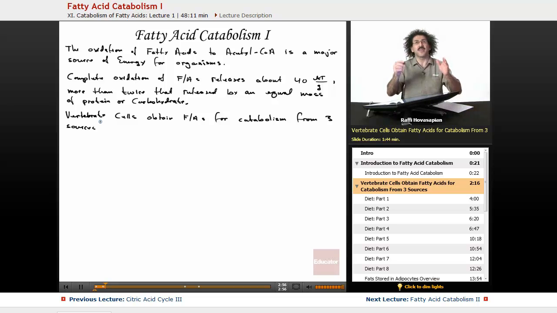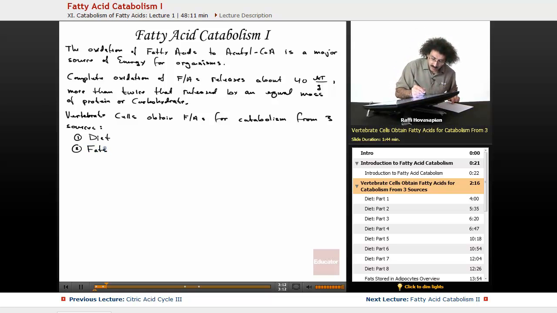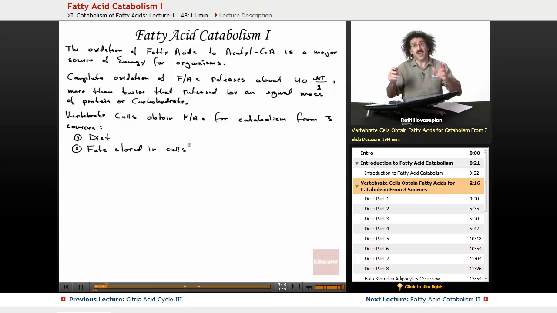There are three ways that the fatty acids get to the cells. So one of them is diet. What you eat finds its way directly to the cells. Two is fats stored in cells, the fats that are stored in cells already. So sometimes it'll just mobilize those fats that are already there and use them for breakdown.